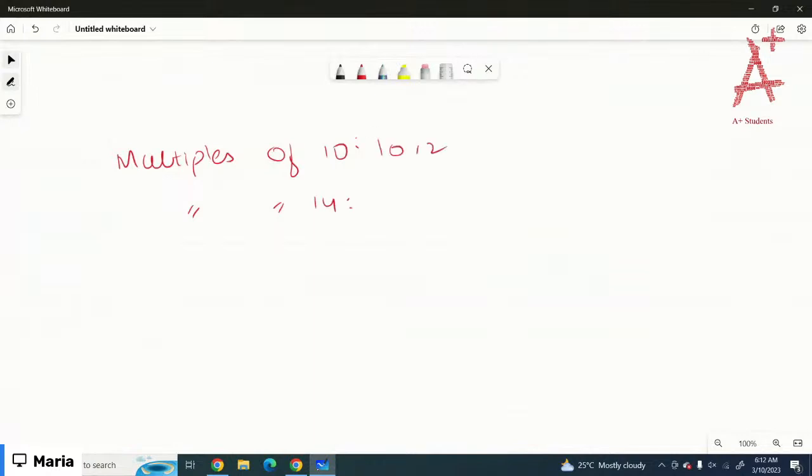10 times 1 is 10, 2 is 20, 30, 40, 50, 60, and 70. 14 times 1 is 14, 2 is 28, 3 is 42. Let me recheck the table of 14. 14 times 3 is 42, 14 times 4 is 56, and 5 is 70.